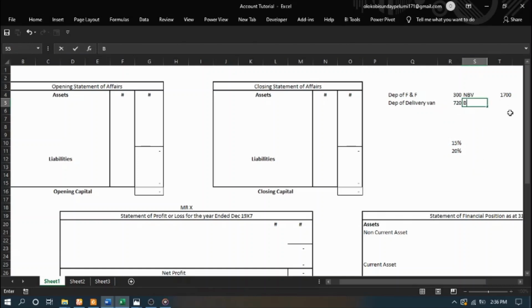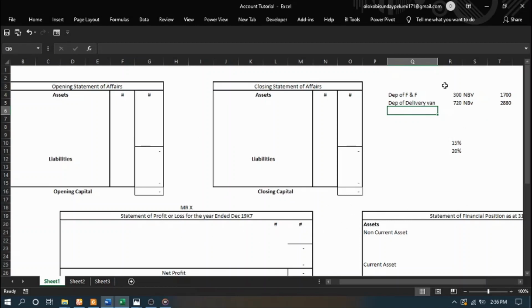So the NBV will be 3,600 minus 720. So these are our workings here. This is what we are asked to prepare.